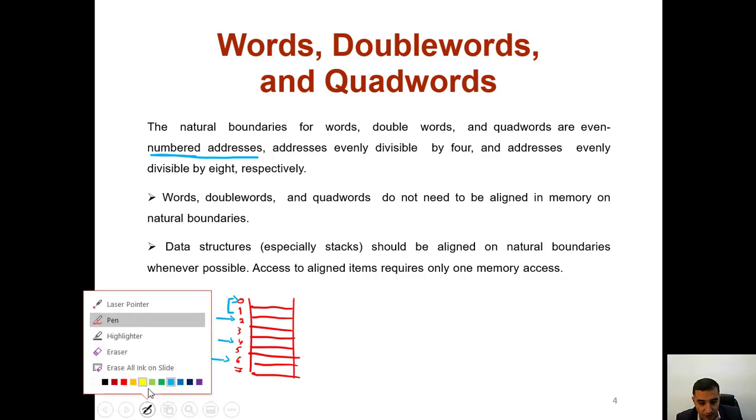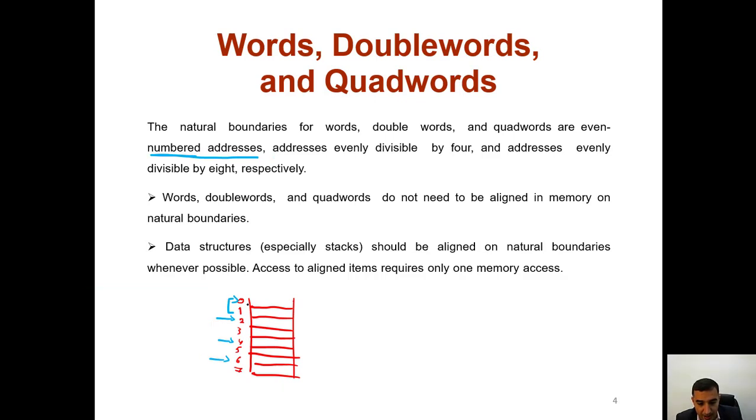If I'm using double word, then my addresses are divisible by 4. So if I start with 0, then I will have 4, then I will have 8. This is the idea.